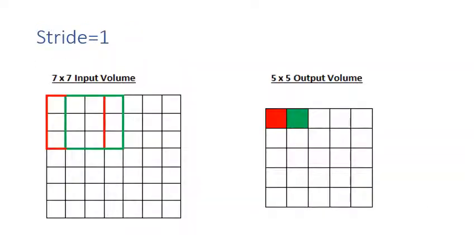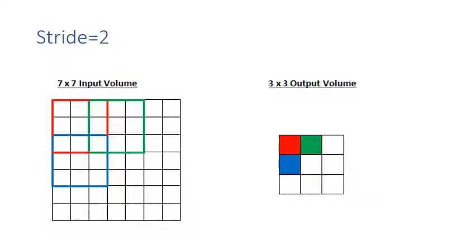Another parameter that we can set is stride. Stride is the moving distance of the kernel. Usually we set it as 1, which means we move the kernel pixel by pixel. For a 7x7 input feature map, if we set stride to 1 without padding, the output will be 5x5.